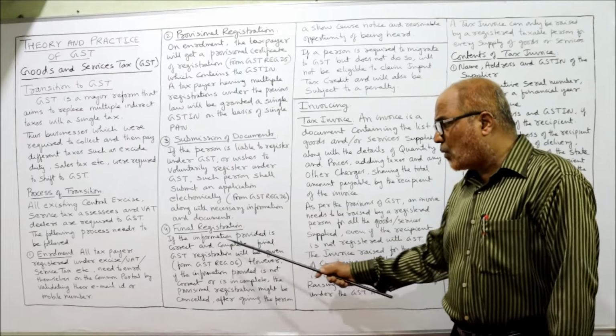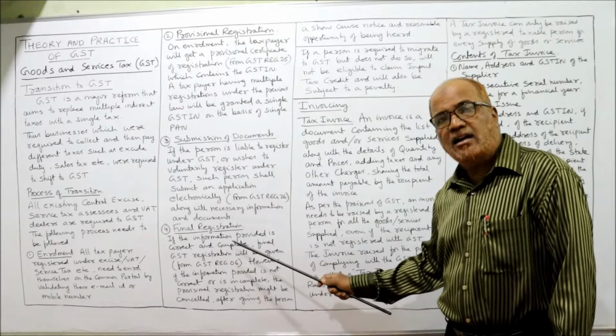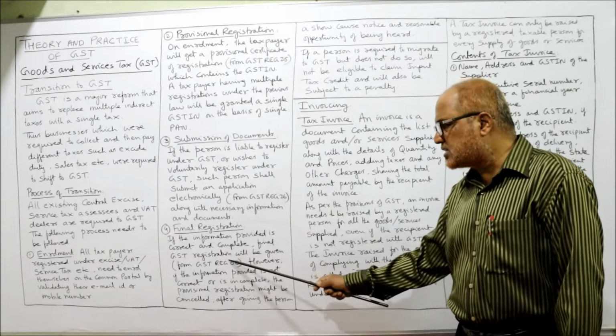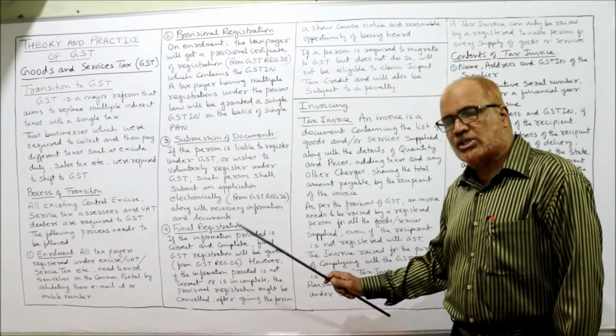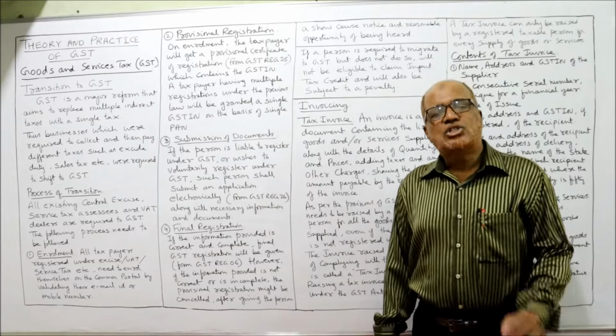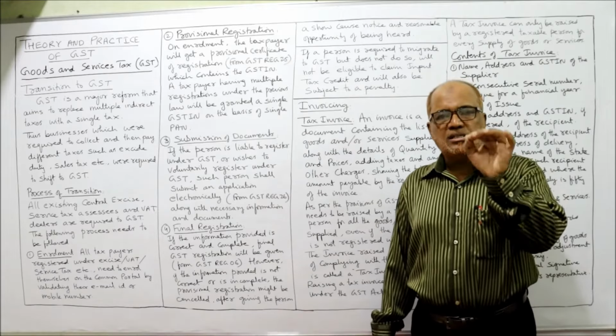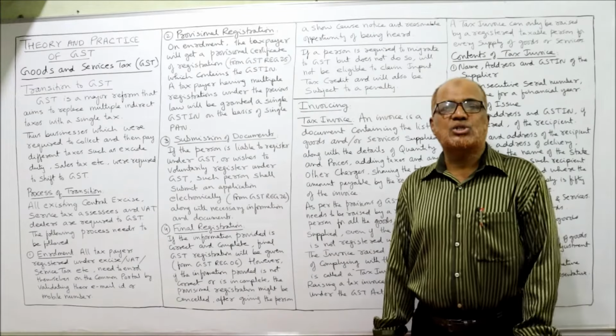If the information provided is correct and complete, final GST registration will be given from form number GST REG 06. GST REG 06, this is the form for final registration.